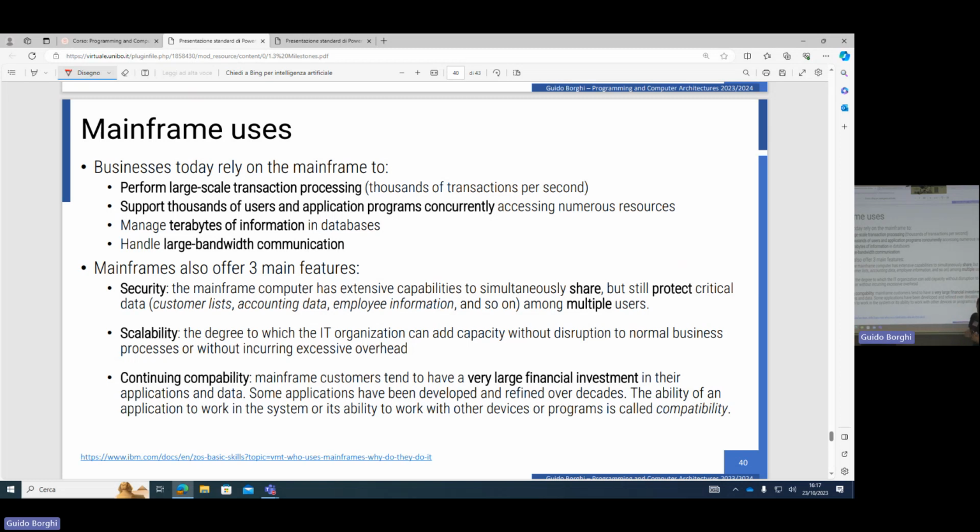So mainframes have to support programs that run concurrently. Since we have many users, we have many programs on the mainframe, and we can have many programs since we have a huge computational power.